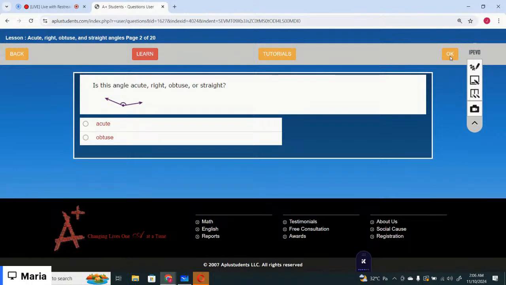The angle is more than 90 degrees, right? Yes, that is more than 90 degrees but less than 180 degrees, right? So that is obtuse angle, it is, right?